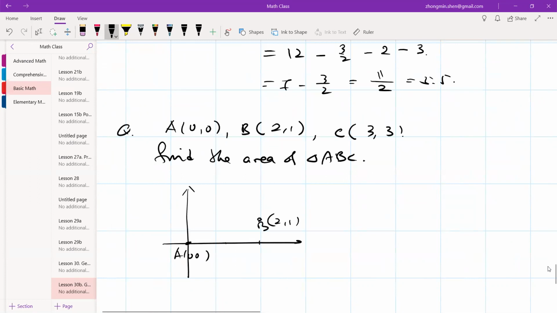And the 3 and C, that's called C. Right, this is a triangle. How do you do that?